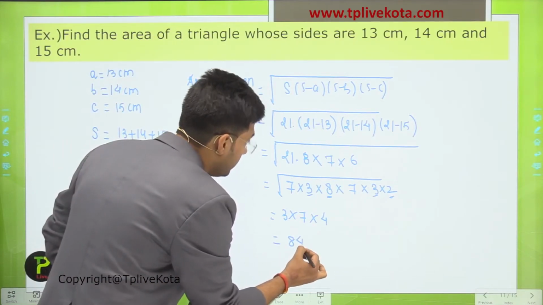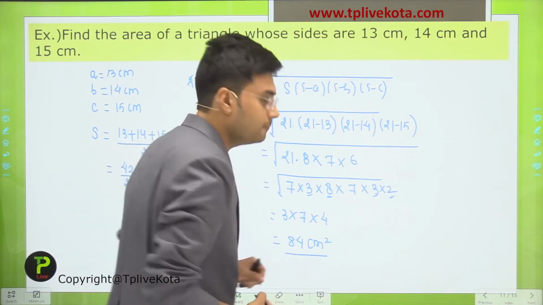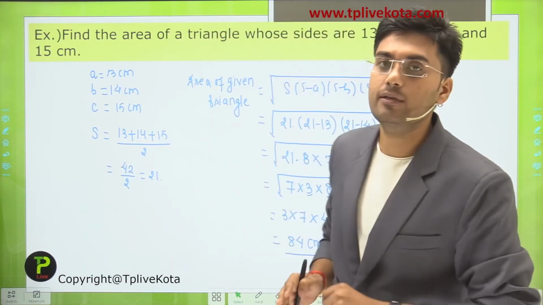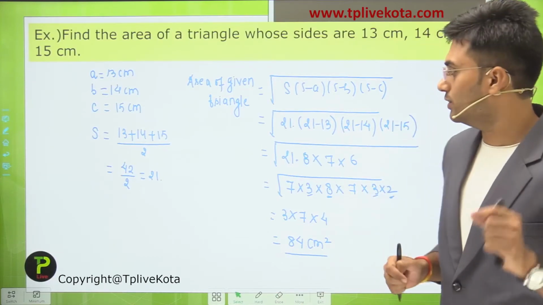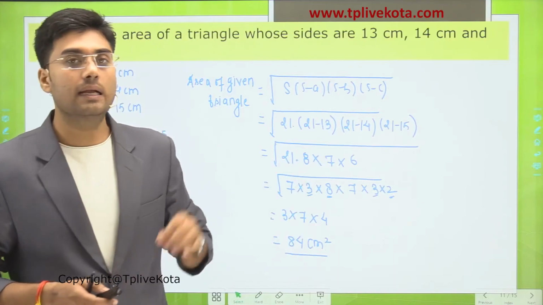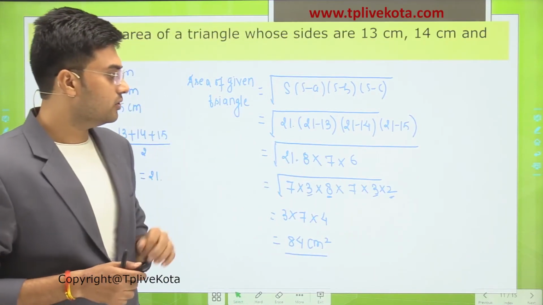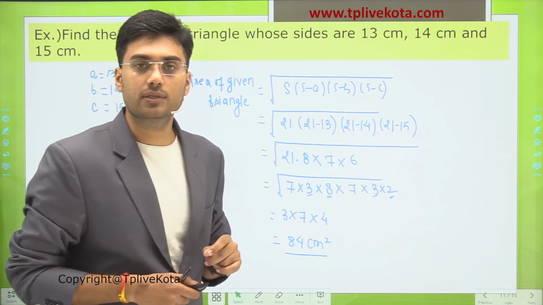So the area of this triangle is 84 centimeter square. Clear? So students, I hope you understand how to find the area of a triangle by Heron's formula.